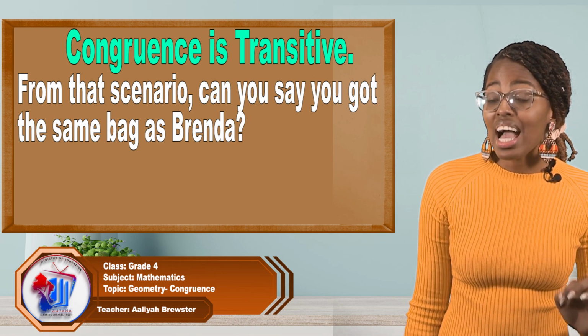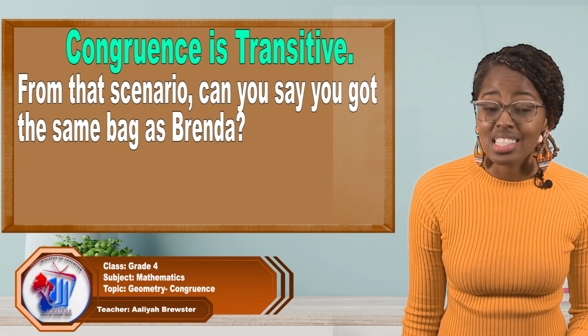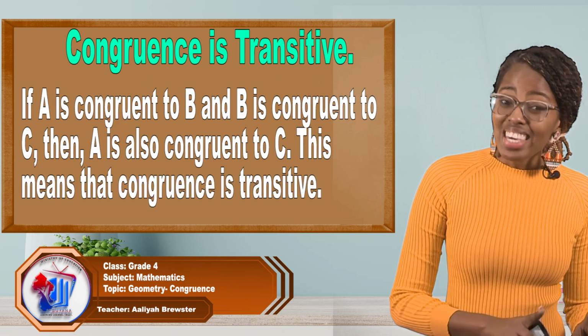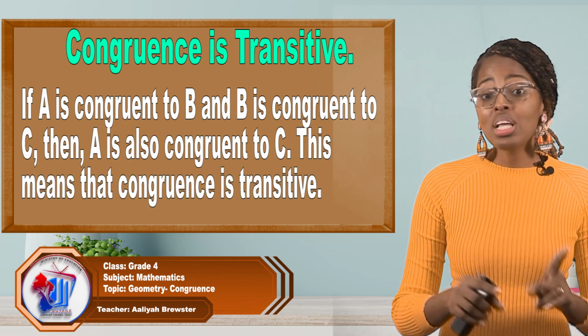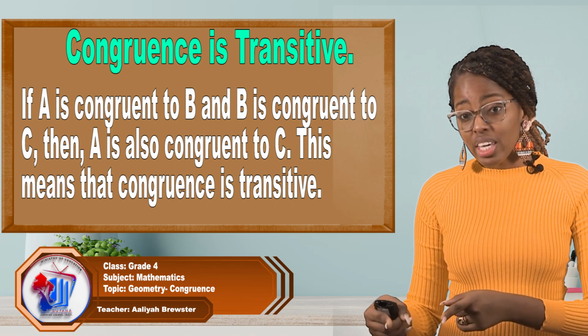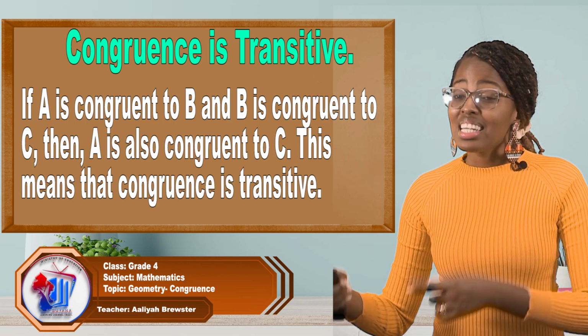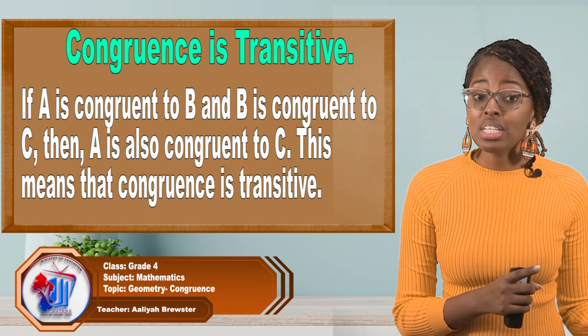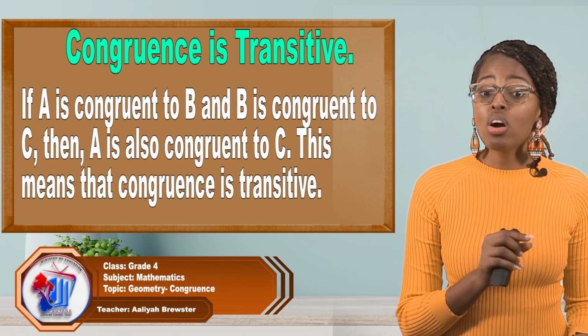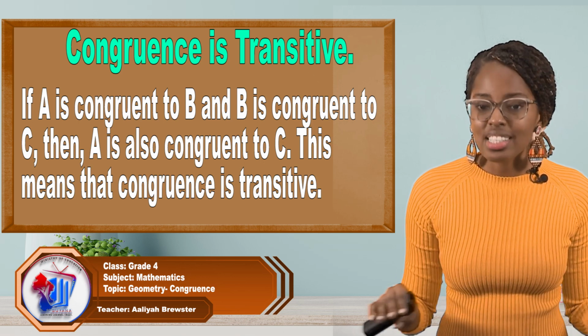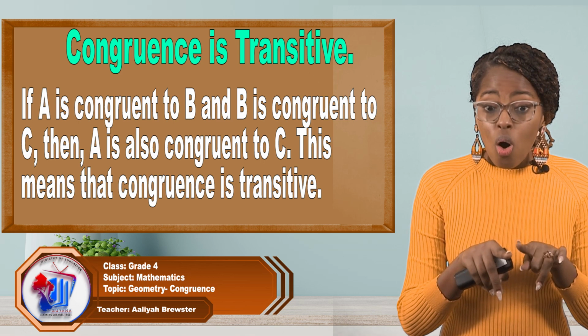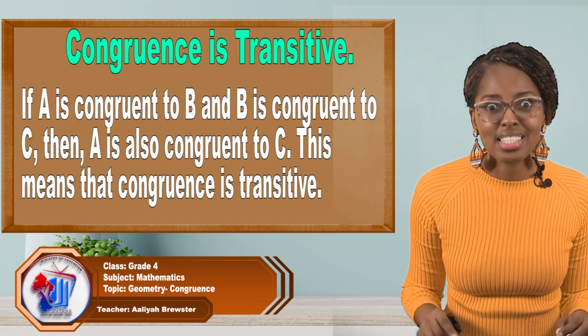In fact, the answer to that question would be yes, because if A is congruent to B and B is congruent to C, then A is also congruent to C. This means that congruency is transitive. In other words, all three of the bags are the same.